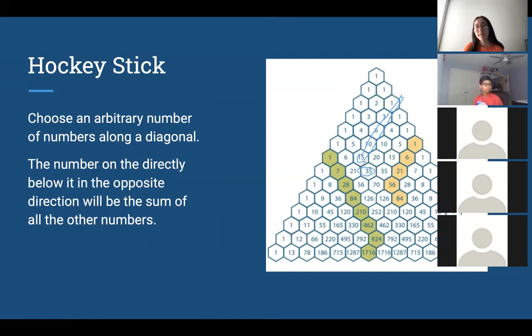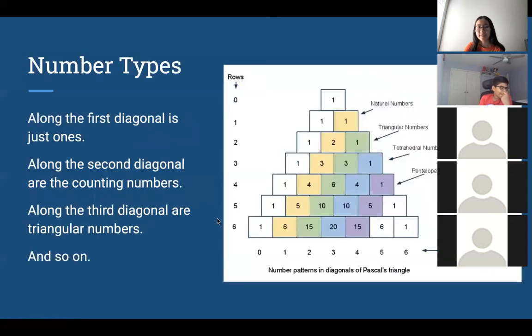You can type all of that in your calculator if you want, just to check if 35 is the sum of all of these numbers in this diagonal. Or you can add it up in your head. That's pretty easy to add up in your head. And it is true. It's something called the hockey stick because it kind of looks like a hockey stick.